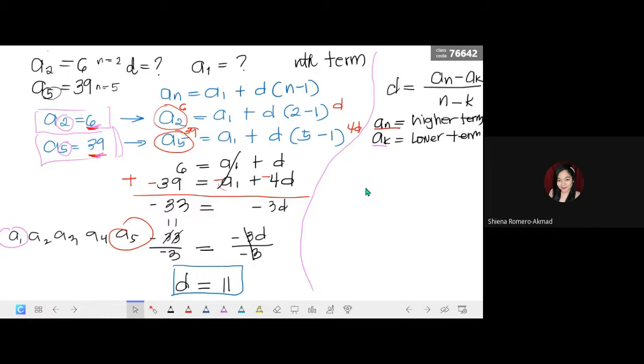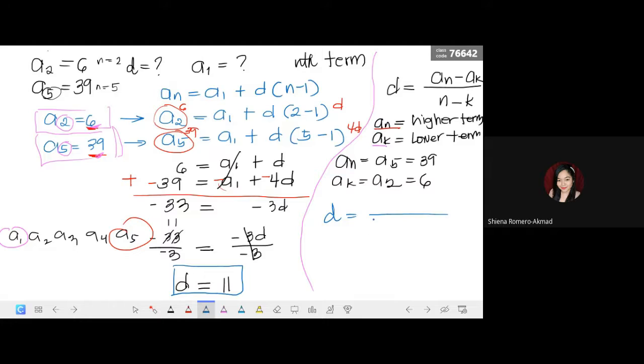Okay? So let's proceed. So, ibig sabihin, our A sub n is A sub 5, which is equal to 39. And A sub k natin is A sub 2, which is equal to 6. Substitute lang natin yan. Ano yung magiging itsura ng ating solution?